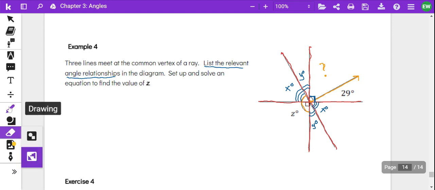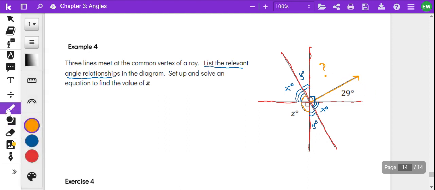So what I do see, which is great, is that I have 29 degrees here plus this question mark. That is a 90 degrees angle. I already marked that as 90 degrees. And I'm going to go ahead and name that question mark W. So this question mark is angle W.